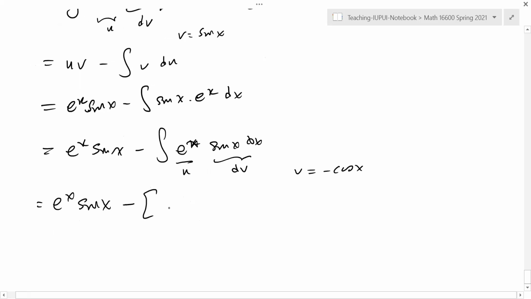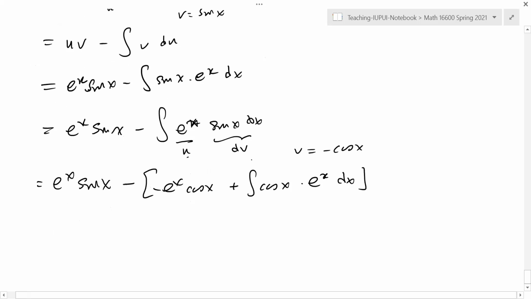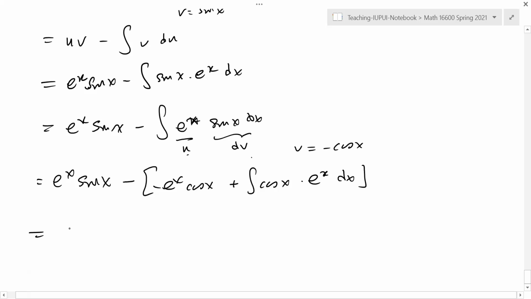And uv, u times v, is going to be e to the x times negative cosine x, and then minus, it should become positive, the integral of e to the x cosine x dx. So then you have e to the x sine x equals negative e to the x cosine x plus the integral of e to the x cosine x dx.